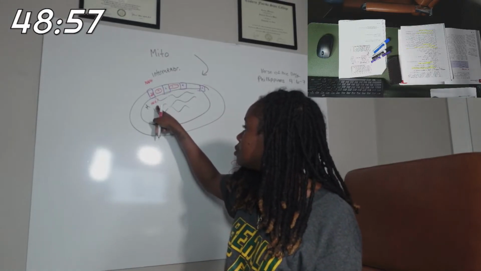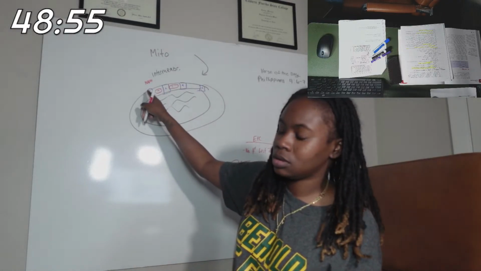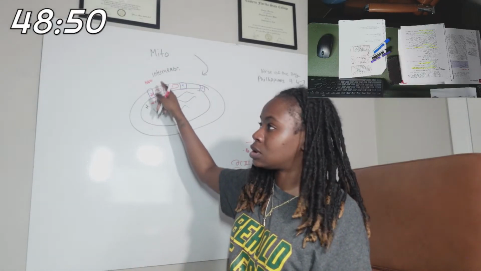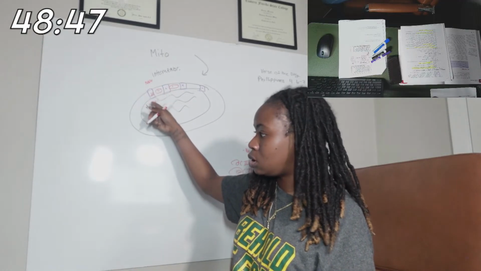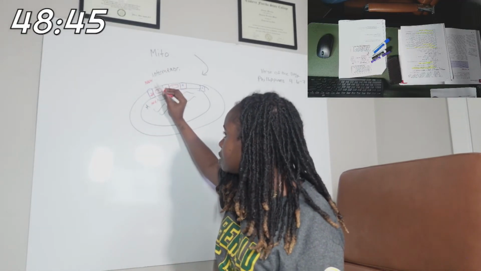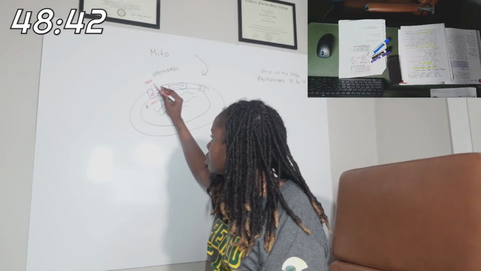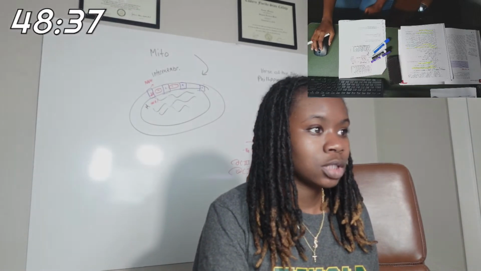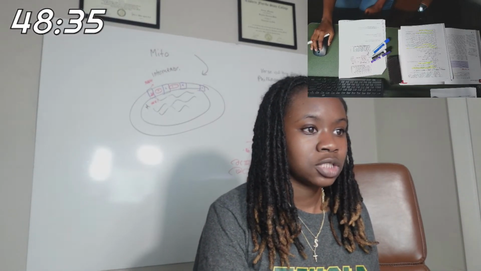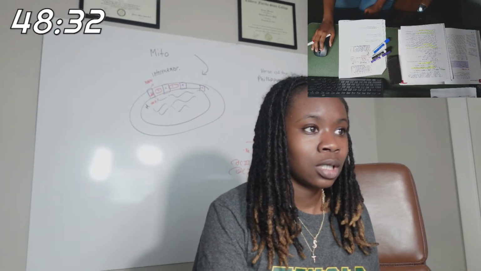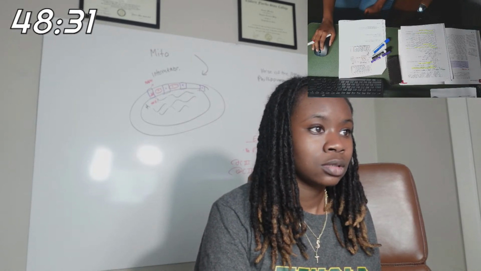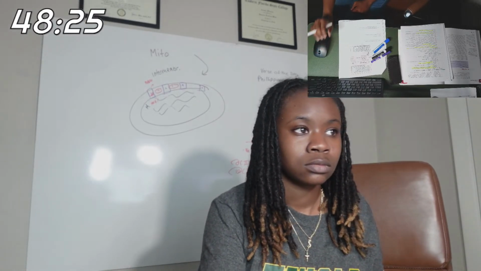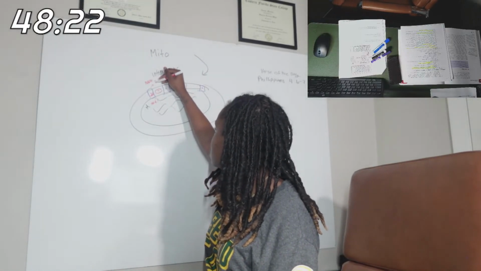So 2 of the electrons go into complex 1, and then out pumps, how many? Hold on, let me remind myself. Out pumps 2 hydroniums.